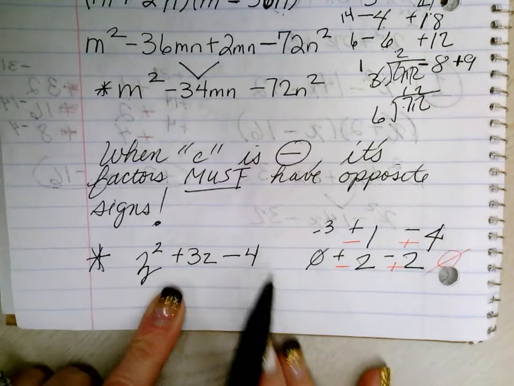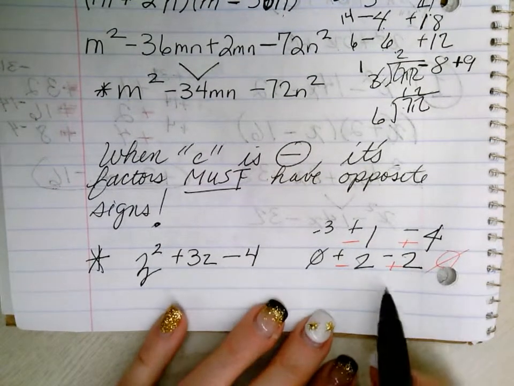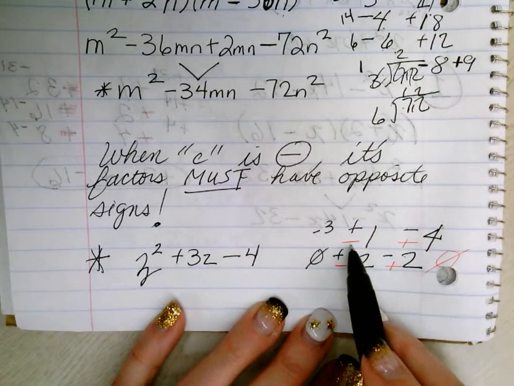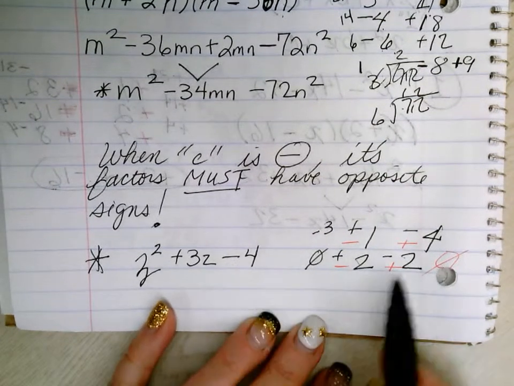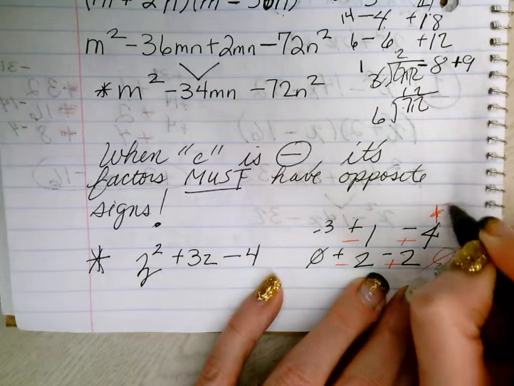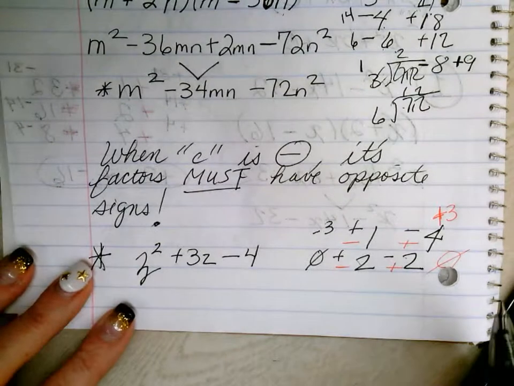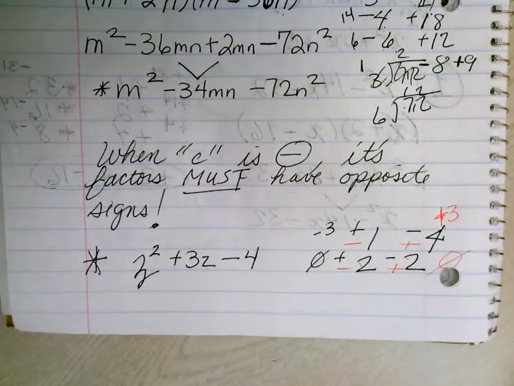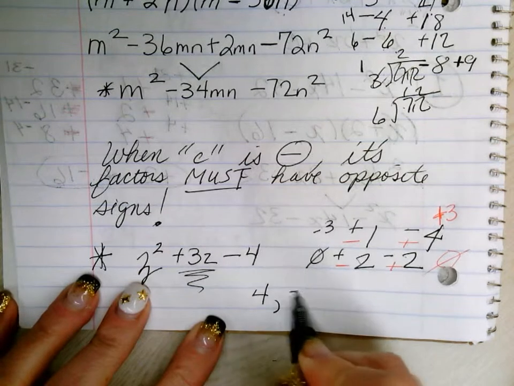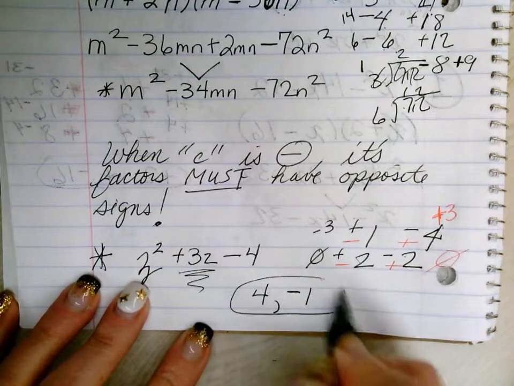We do have a linear term, and if I give you a positive 4 times a negative 1, I do get a negative 4. If I add a positive 4 with a negative 1, I do have a positive 3. They're asking you in this oral section which factors indeed do create this, and all they're asking for is the factors. So 4 and negative 1 is all they're looking for.